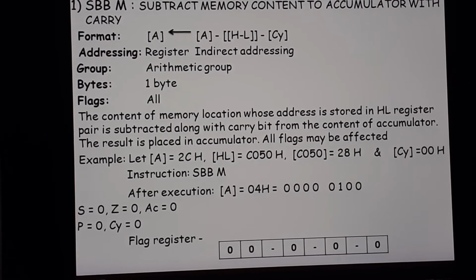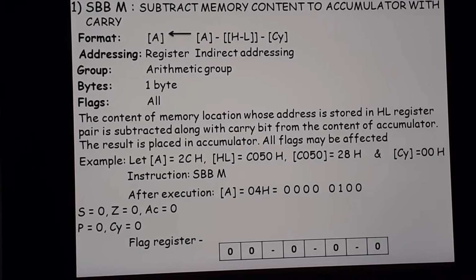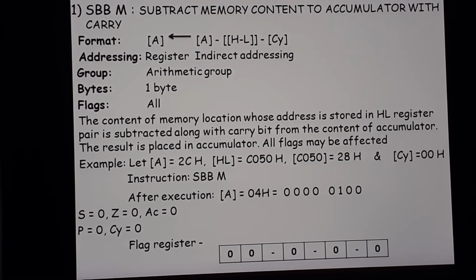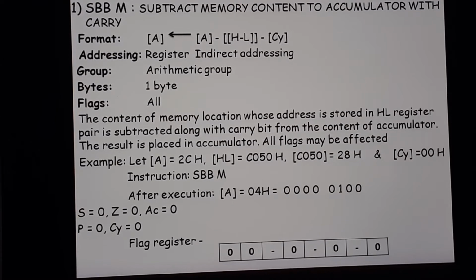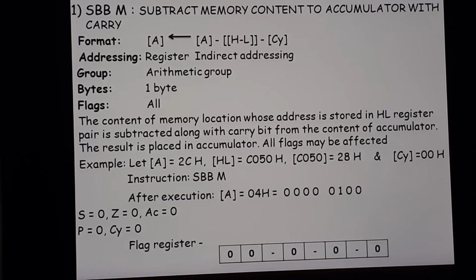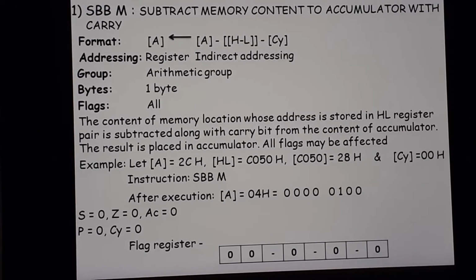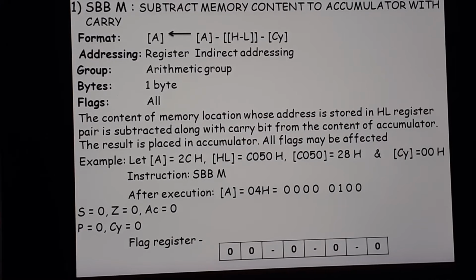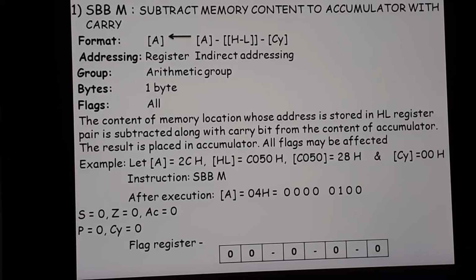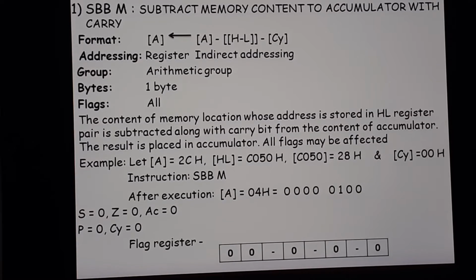So while starting or reading this particular answer or comment, after reading it repeatedly, you will know the next instruction on your own. Okay, so you can write in your own words the comment or explanation. Now the example that I have taken here is A. A is accumulator. So SBB M means you need A, HL content plus carry content.